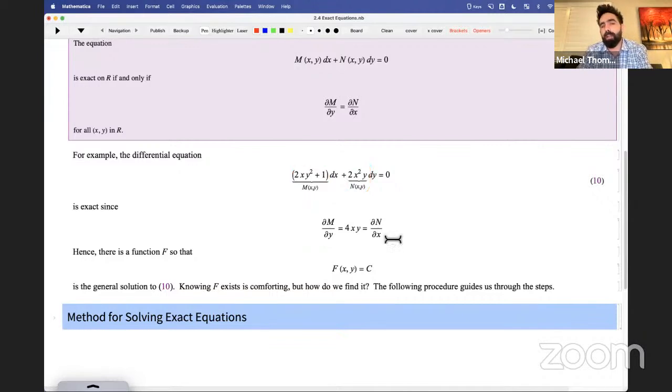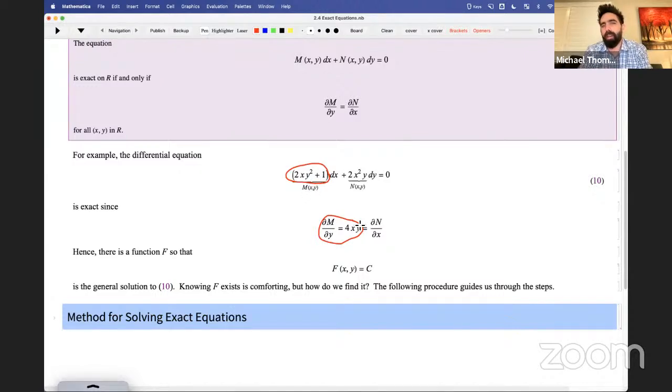Okay, so we can do this quickly in our head. If you want to take the partial of this with respect to y, then you treat x like a constant. So it looks like you're going to get 4xy there. Is that okay? The derivative of this with respect to y. Was that okay? Okay.